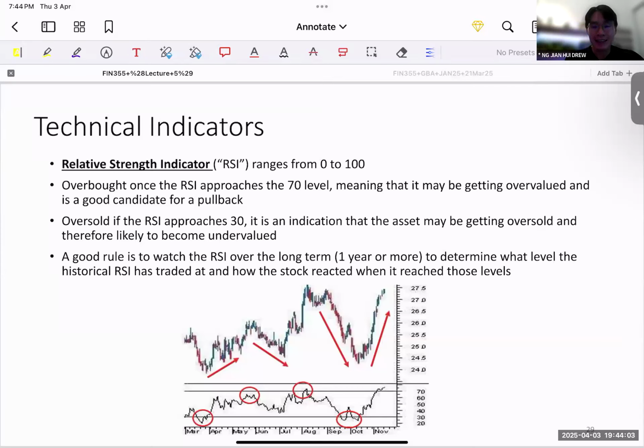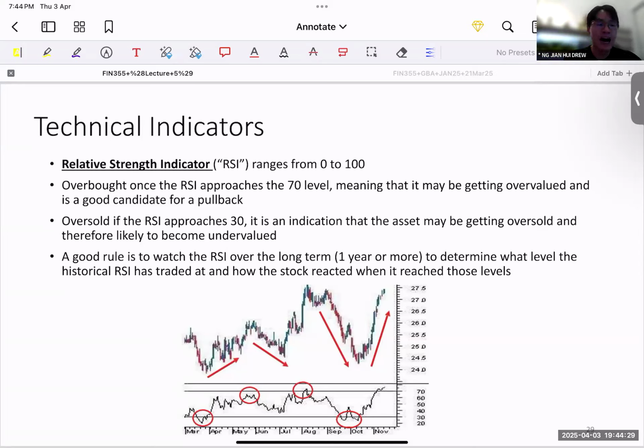So the thing is, technical analysis is not that easy to the extent of what we have covered so far. It can get very mathematical, right? And one example is calculating RSI. So if you do take a CFA, that is a topic that you have to study on your own because we will not be covering it. I think the school decided that it is a bit above and beyond the syllabus.